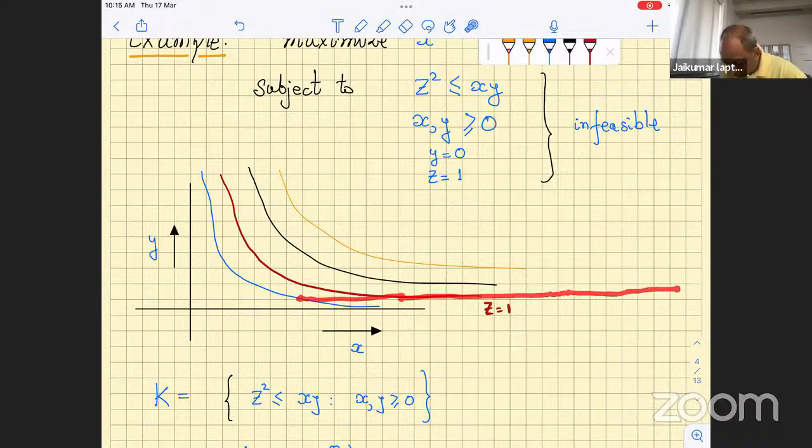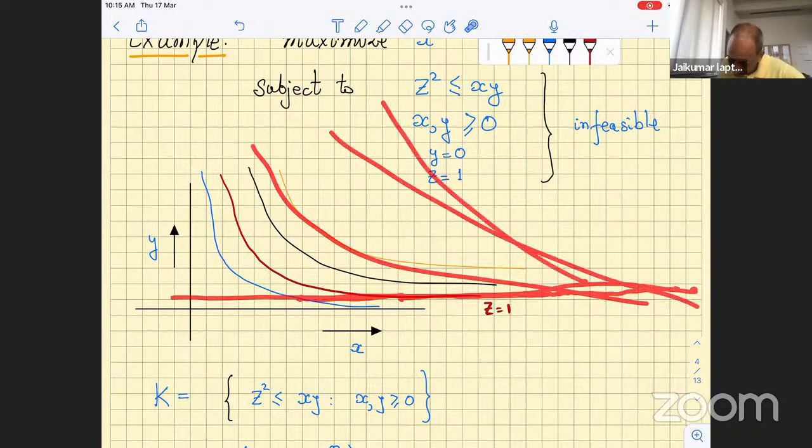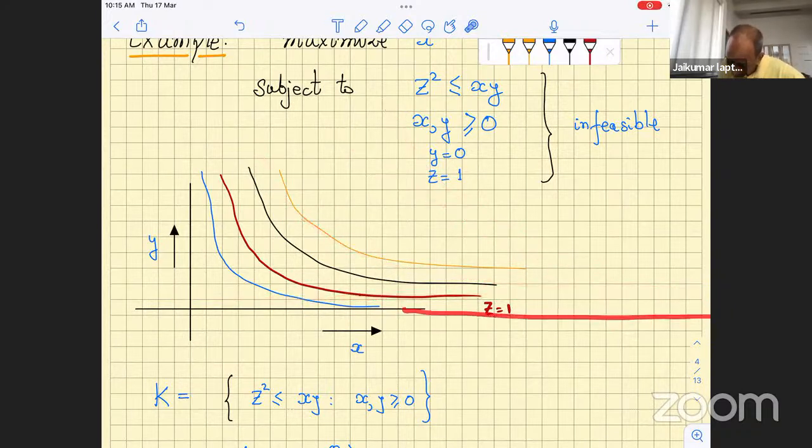Then at some point even this horizontal line here would cut all these hyperbolas eventually, because all these hyperbolas are going to asymptotically settle on this line. So I can presumably increase my values while reducing the value of y.